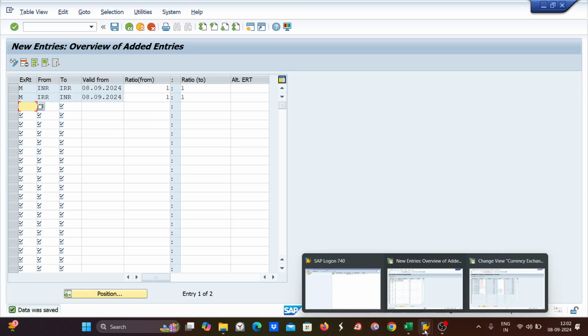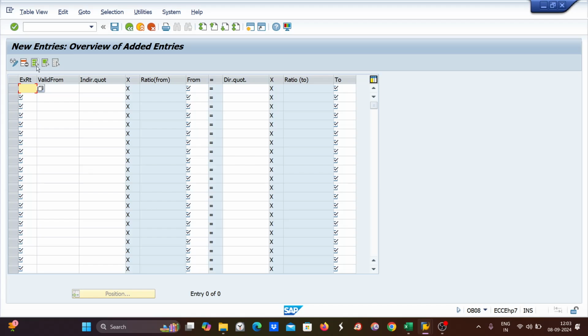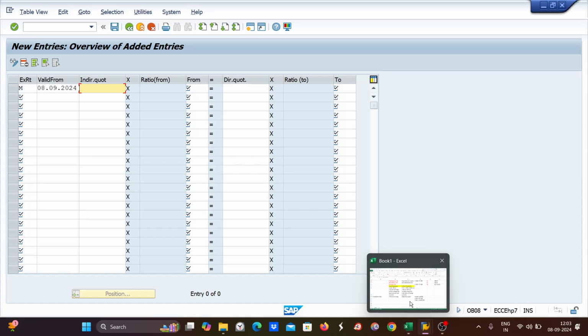Now we have to maintain the exchange rate also. So we will come to OB08, come to new entries. Now come to exchange rate M, valid from today's date. In this situation, we will maintain indirect quotation. Why?